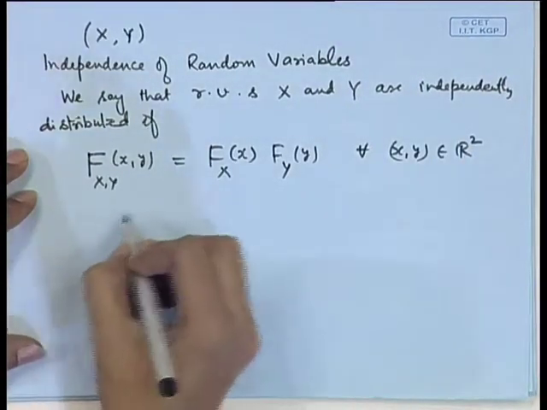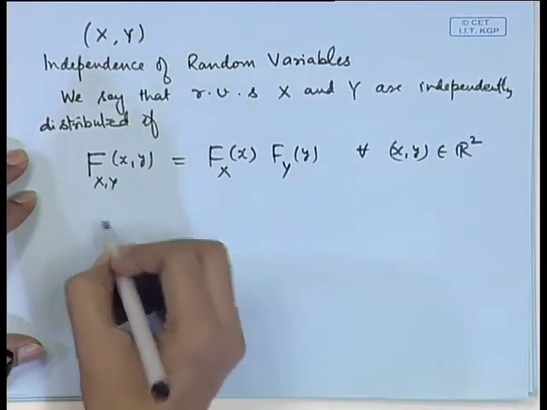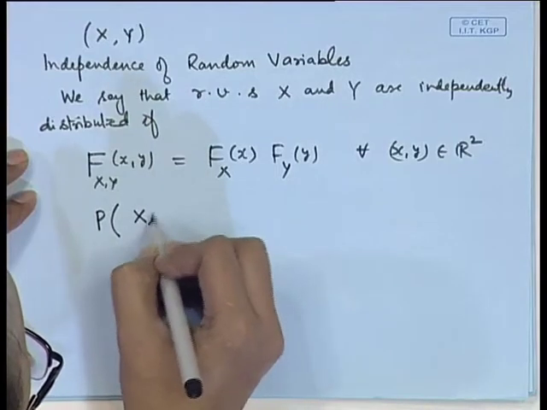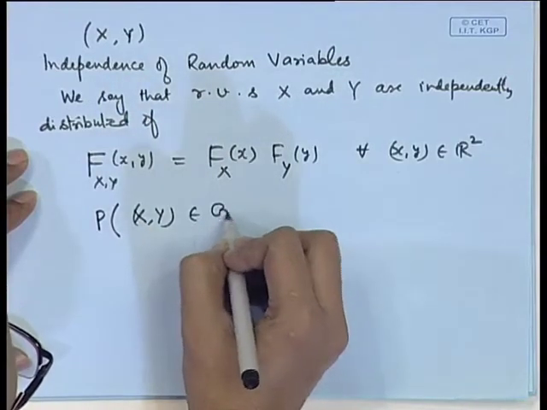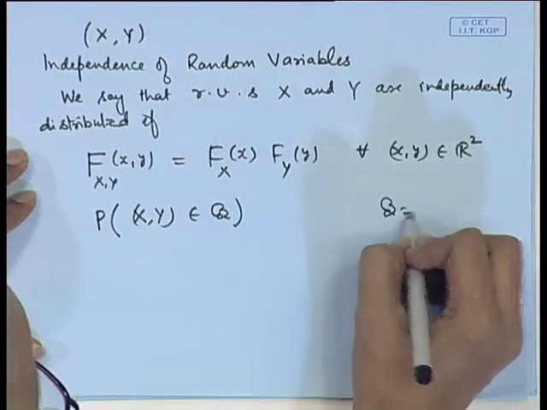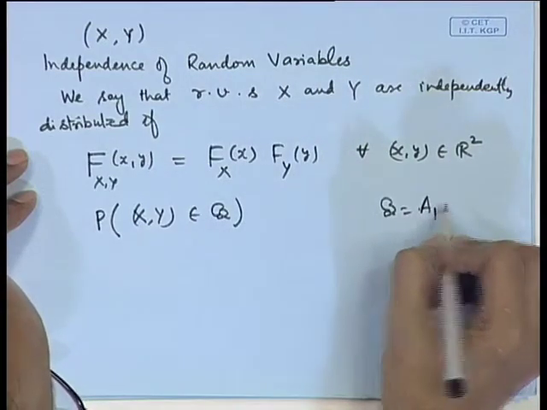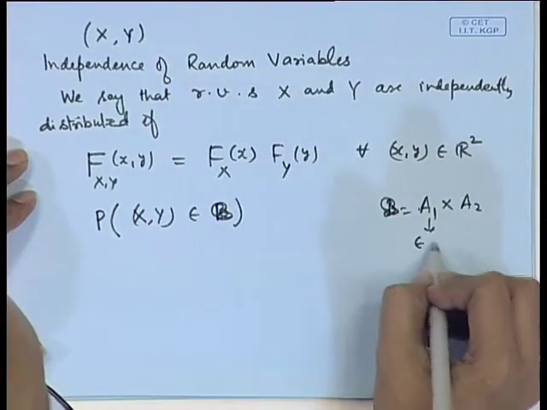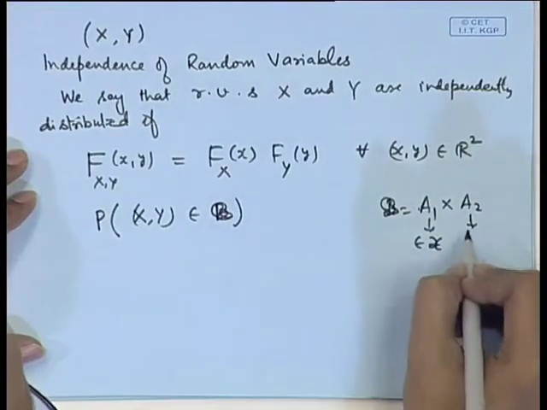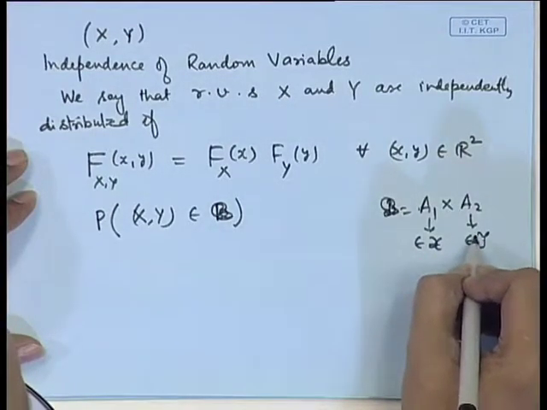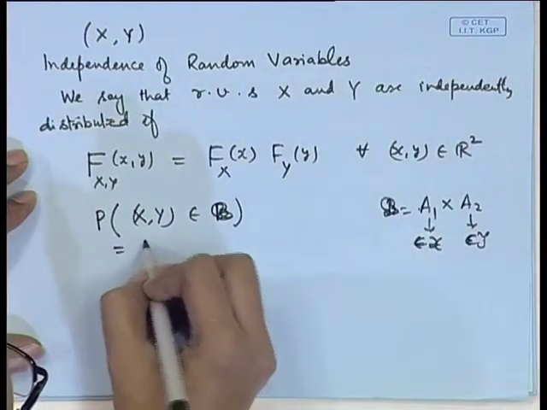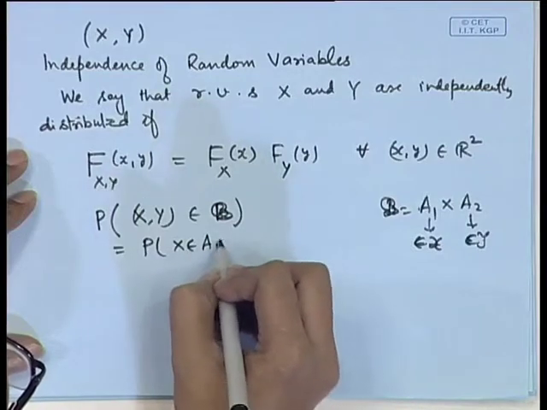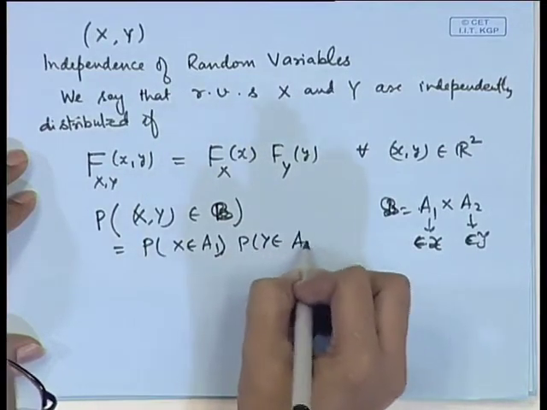Basically, if we do not make use of the CDF, we should be able to say that if we are considering a set B in the two dimensional plane which can be expressed as a product of two sets A1 and A2, where A1 is in the space of X values and A2 is in the space of Y values, then the probability should be equal to probability of X belonging to A1 times probability of Y belonging to A2.